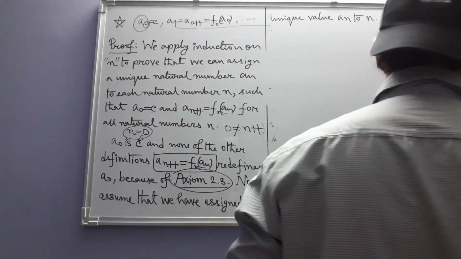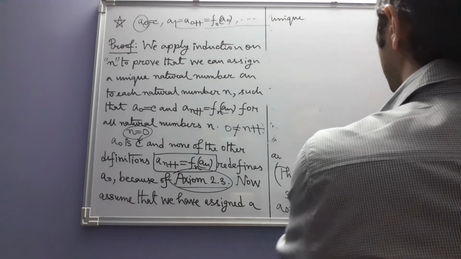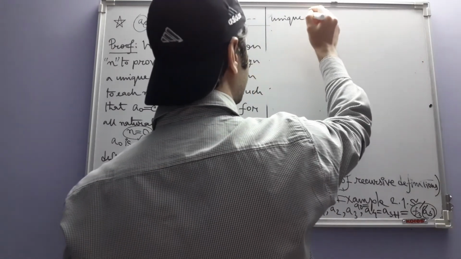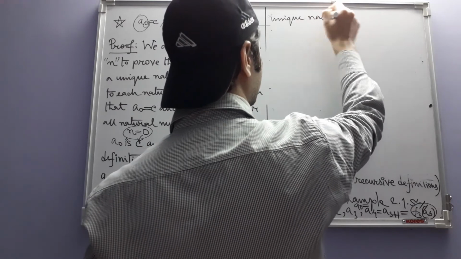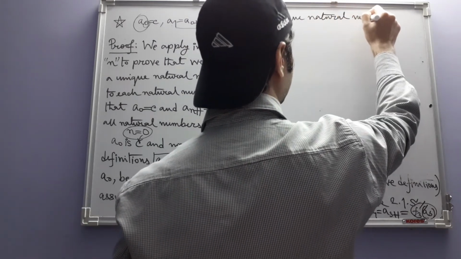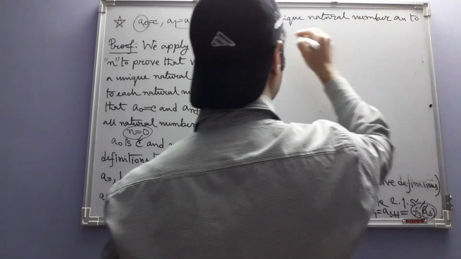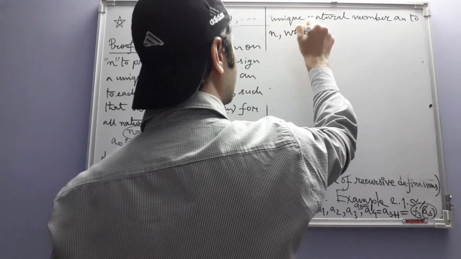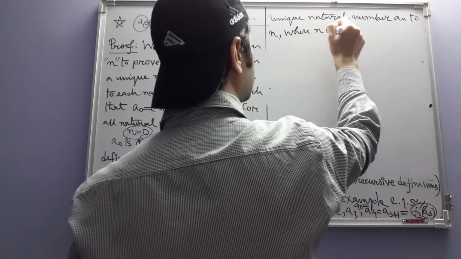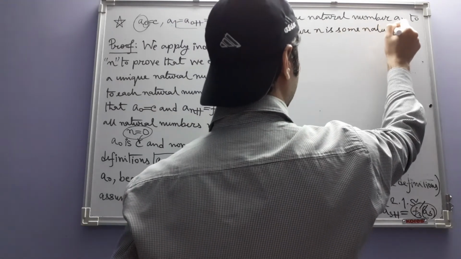Or should I write natural number so that when you look at these things later in future, there is no confusion. A unique natural number a_n to n, where n is some natural number.